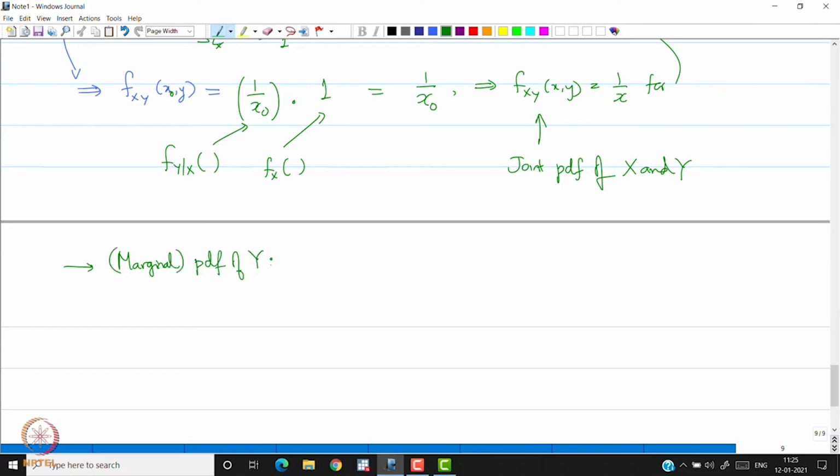The marginal PDF of y, f y of small y, is now going to be obtained as follows. What is the range of values that y can take?